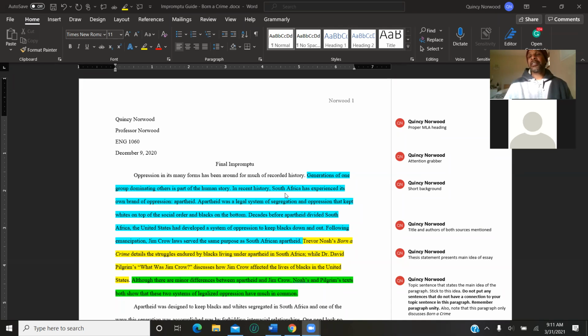Because no matter what you're writing about, whether it's a comparison essay, an argument essay, a personal narrative, well, personal narratives can be a little bit different, but a causal analysis or a cause and effect essay, if you're just analyzing something, no matter what you do, your introduction is going to need those three elements: attention grabber, background, thesis statement.